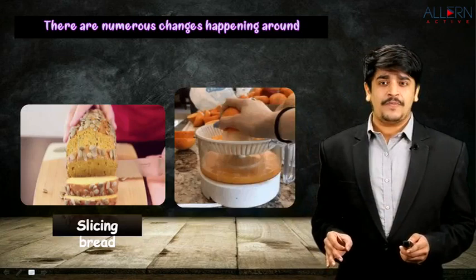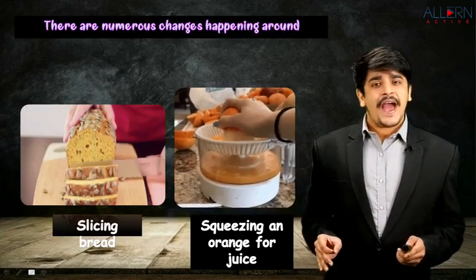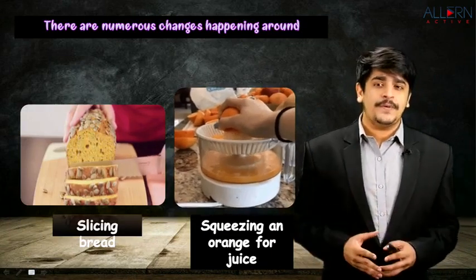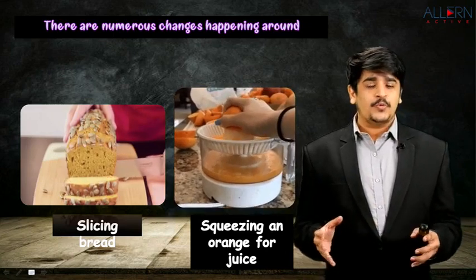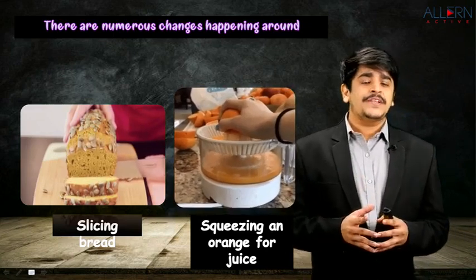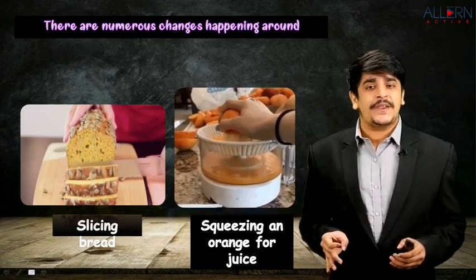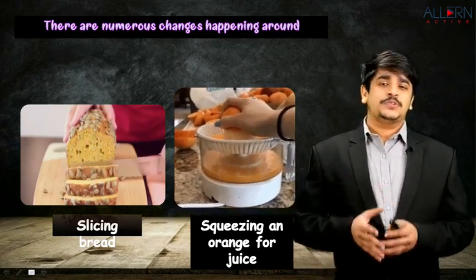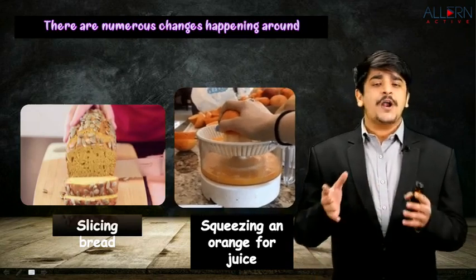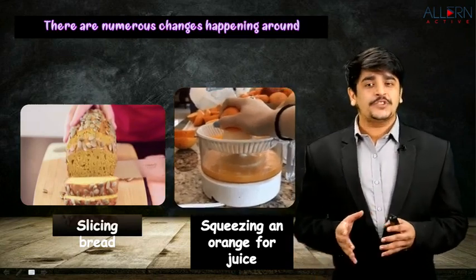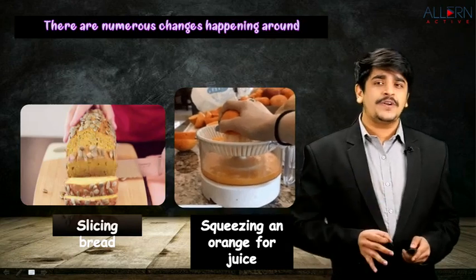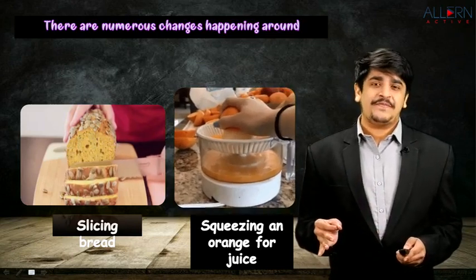To finish off my list of examples, I am able to slice a bread with a knife, and using a juicer, I can literally squeeze an orange for its juice. All of these are perfect examples of changes that occur around us in day-to-day life.